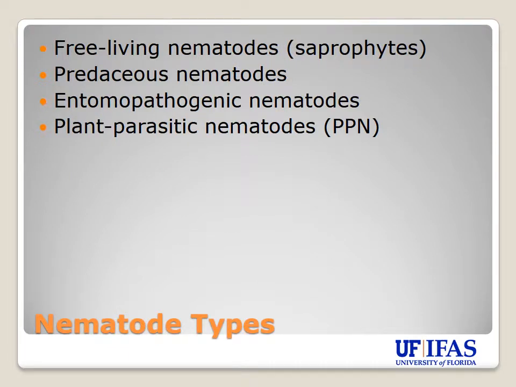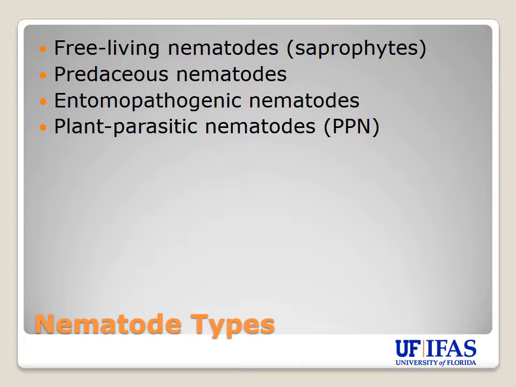As a general rule, most nematodes fall into several different types or major classes. We have free-living nematodes, many of which live in the soil. A lot of them are saprophytes, which means they just feed on decaying organic matter. Some of them feed on bacteria in the soil. Others feed on fungi in the soil. Some nematodes are predaceous, which means they feed on other nematodes. So obviously, if you have a pest nematode and you're able to add or encourage predaceous nematodes, that could be a bonus.